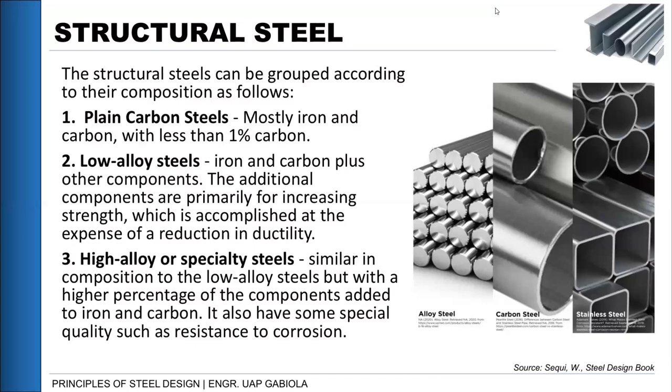So some property that it may possess are resistance to corrosion, which is very important to steel kasi once corroded si steel, yung kanyang strength is nagde-deteriorate, no? So, we try to protect our material from those unwanted changes dun sa property niya.